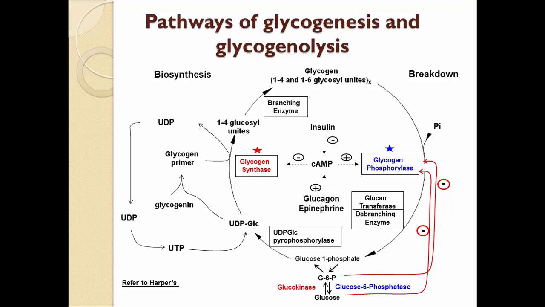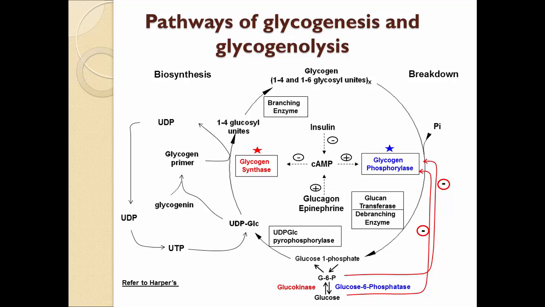Because if this enzyme doesn't function well, then glucose 6-phosphate cannot be converted to glucose, leading to accumulation or buildup of glucose 6-phosphate, right? And this again is a strong inhibitor of glycogen phosphorylase, so it inhibits glycogen breakdown. So glycogen will not be able to be broken down if the patient lacks this enzyme.